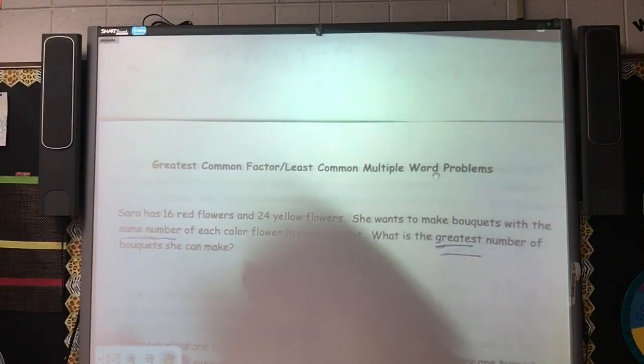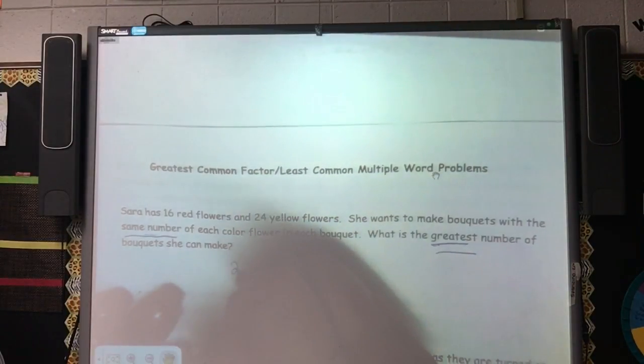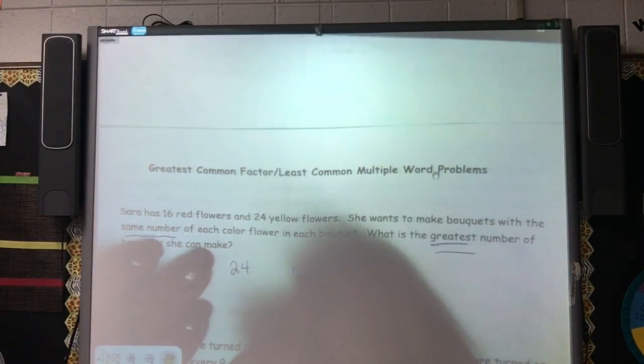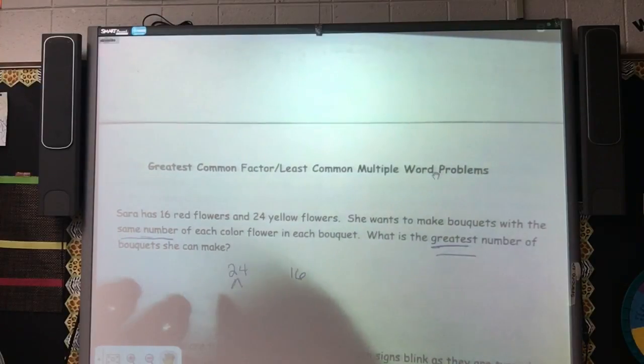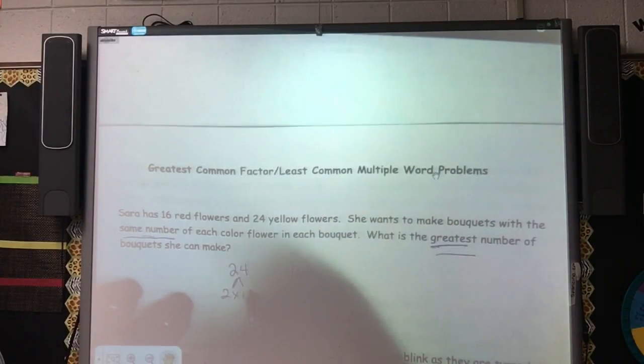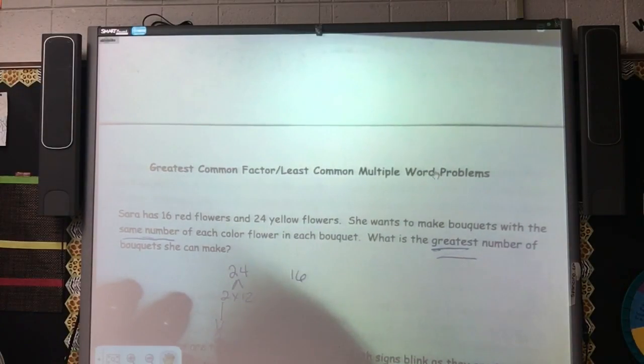Okay, so we are going to have to figure out 24 and 16, the greatest common factor. So we're going to factor those out, making your trees.